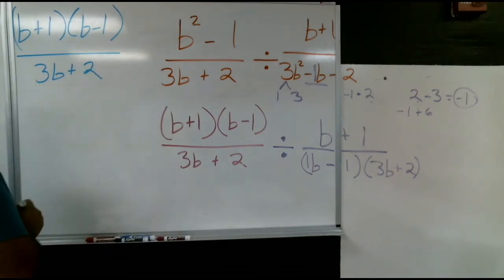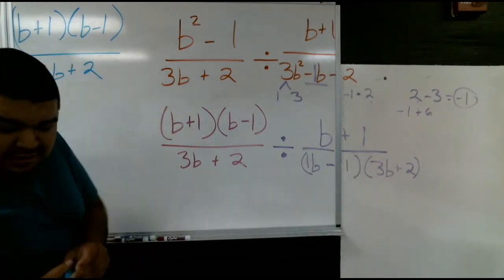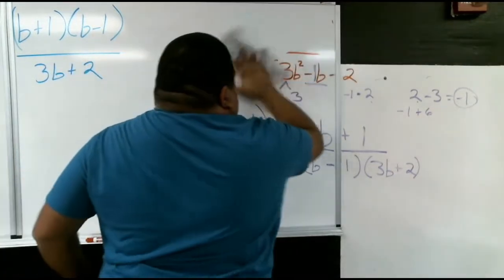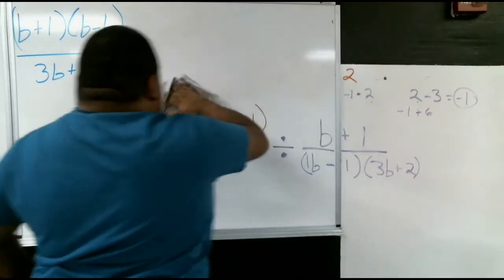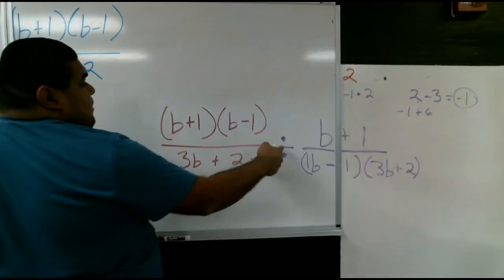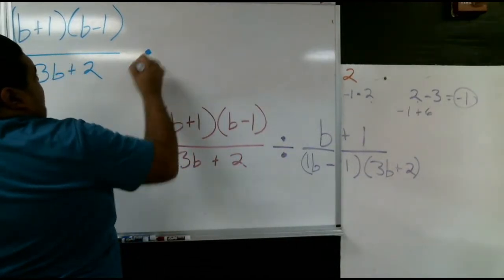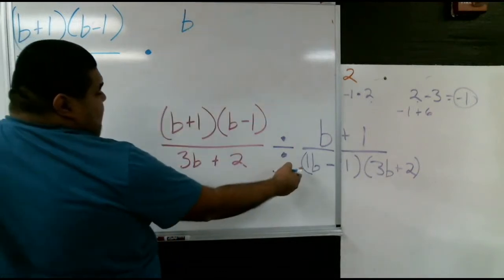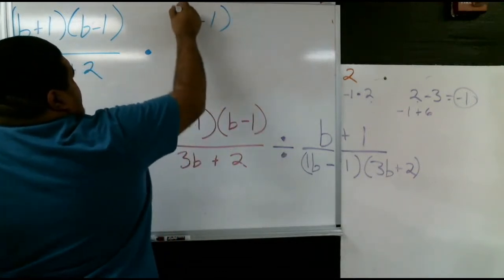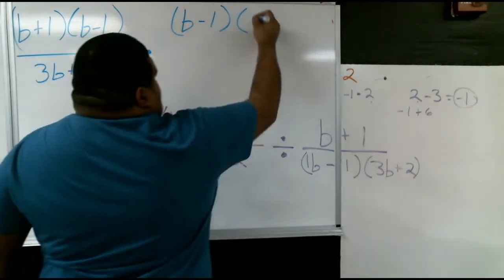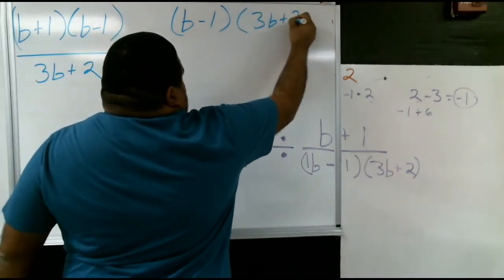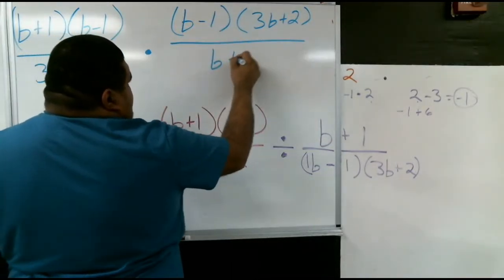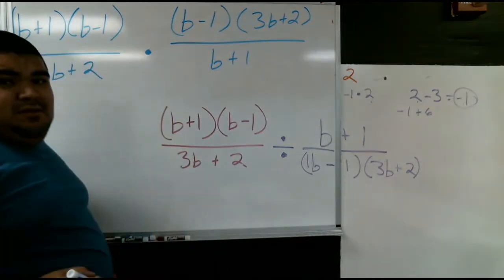And then on the other side we have multiplication now, because remember, we're going to flip it, times, with the bottom on top, which is b minus 1 and 3b plus 2, over b plus 1.